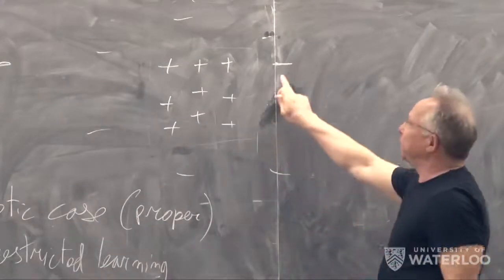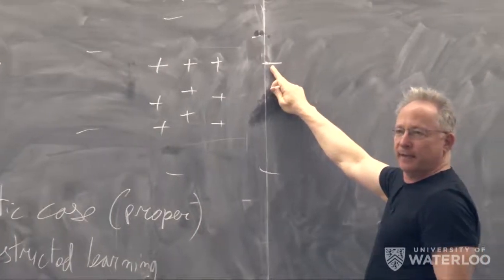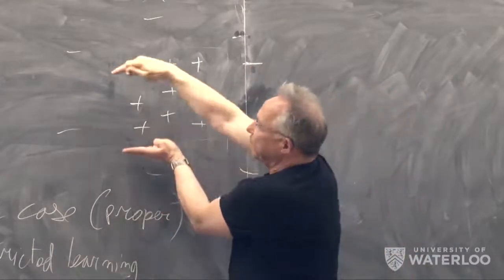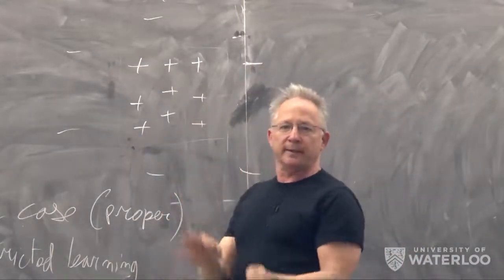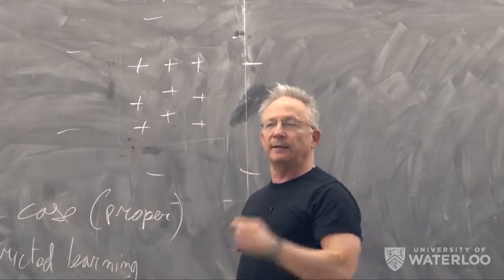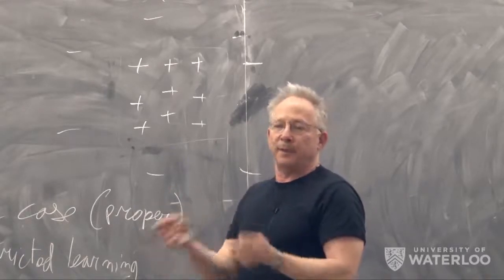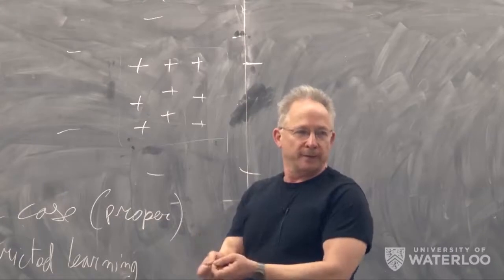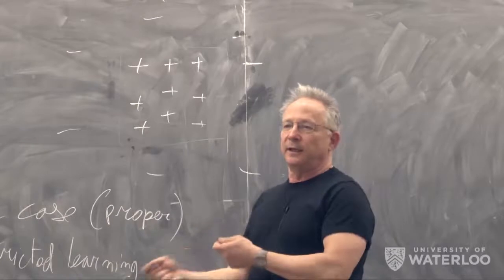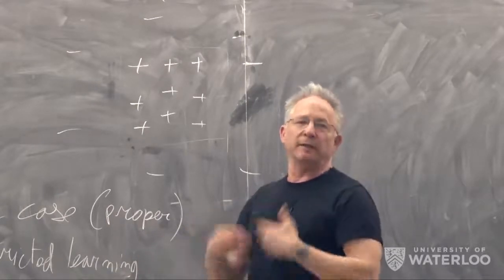The problem is that I don't know due to which coordinate it is a minus. When I see a minus, I have an attribution problem. I know that there is an interval in every dimension that captures nicely all of my positive points. But when I see a negative point, I know that it is outside the interval in some dimension, but I don't know in which dimension. So this problem somehow forces me to check all combinations of dimensions and makes it exponential in the dimension.